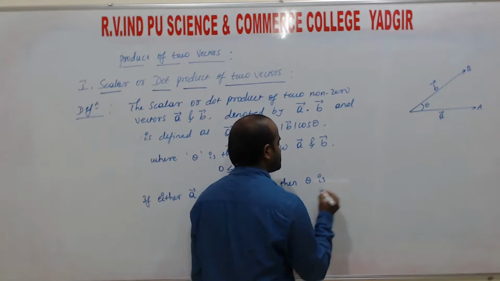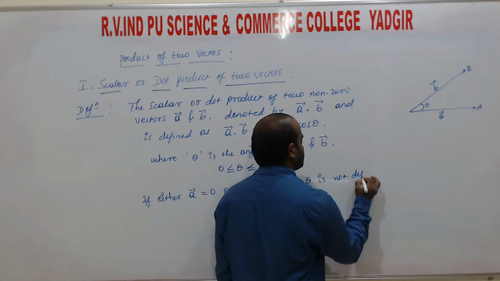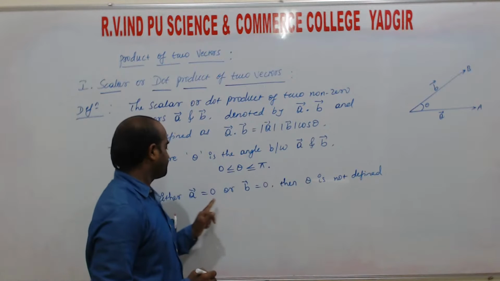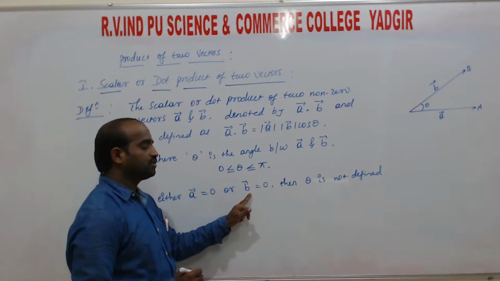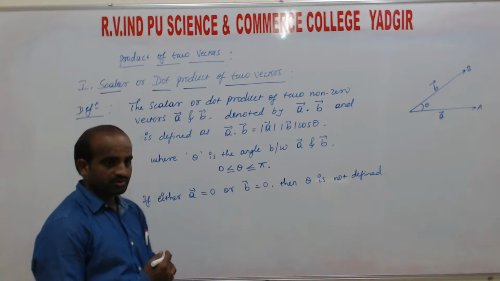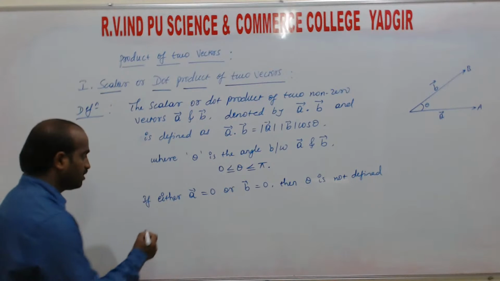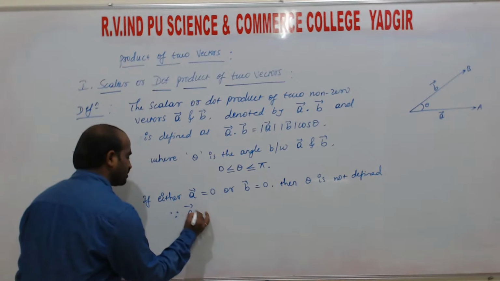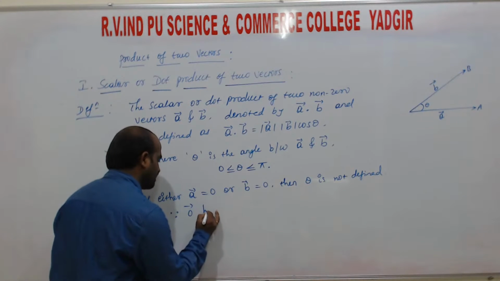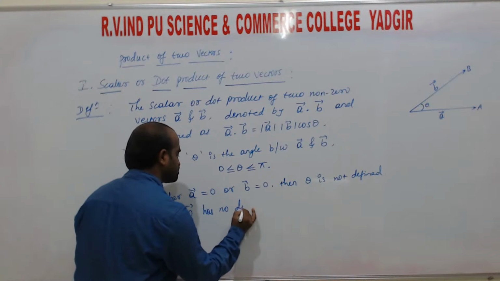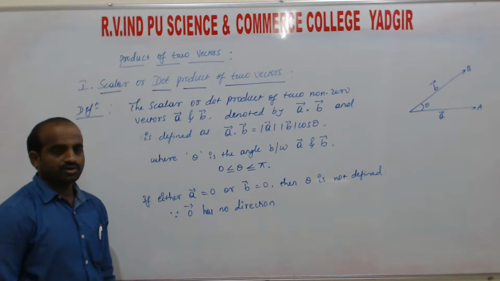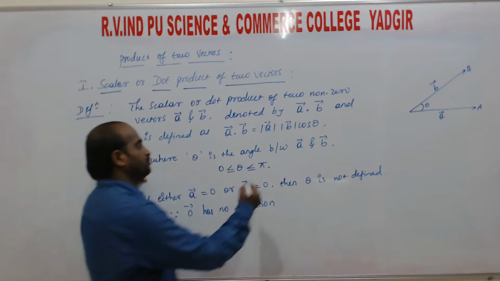Substituting, if A vector is equal to 0 or B is equal to 0, theta is not defined, cos theta into 0. Theta is not defined because the 0 vector has no direction.